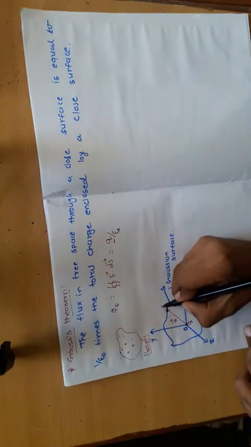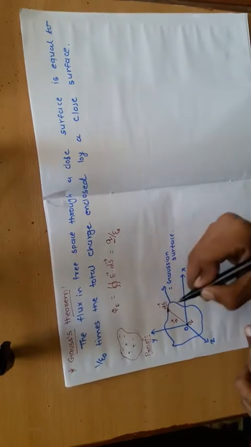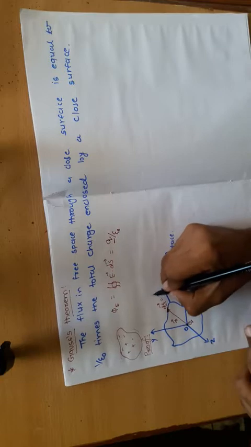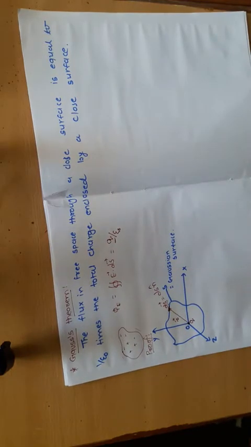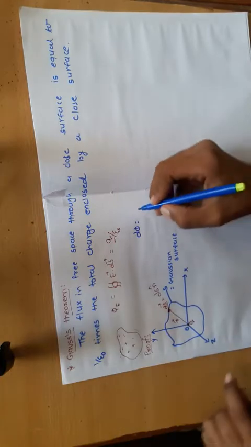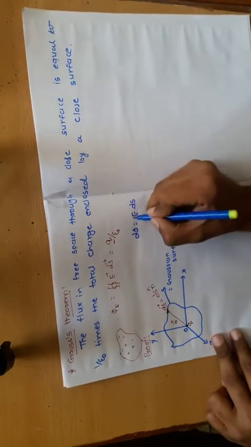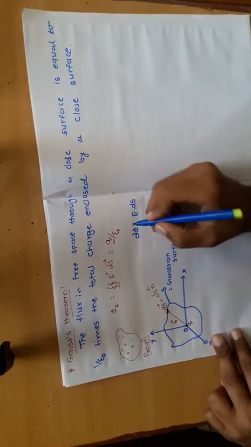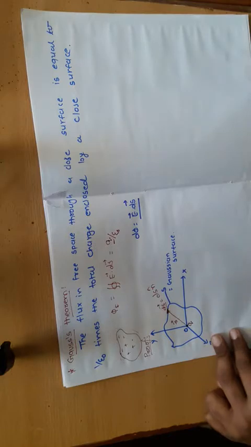So it is the ds. ds is the area vector, which is equal to ds into n cap. So here, as we know, what will be the electric flux? The electric flux, which is d phi, will be E into ds. These both are vector quantities.